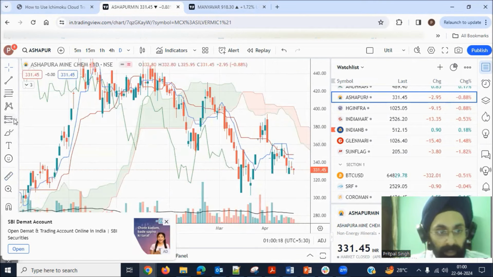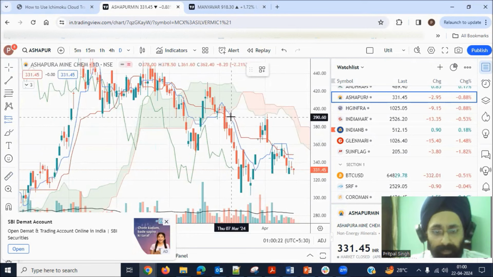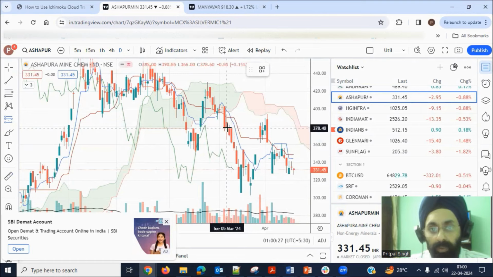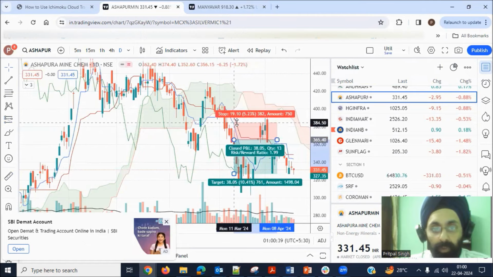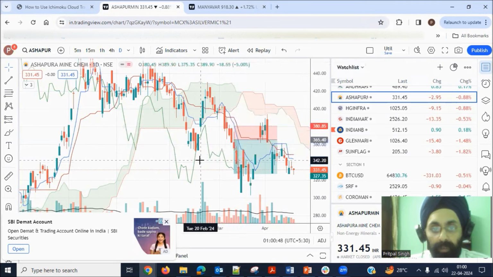And if we see it from the point of view of risk reward, this was the crossover, and someone enters somewhere here and places the stop loss above the candle on which the signal came.